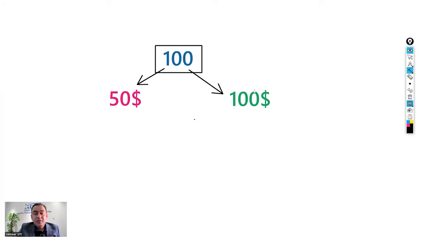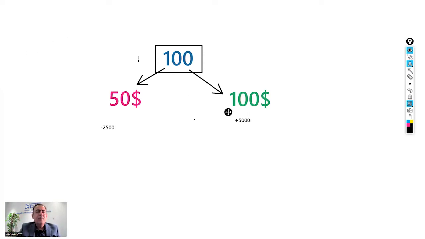But in 50 trades, I'll be making $100 because I'm maintaining my reward higher than my risk. So my profit would be 50 times 100, which is $5,000. So here it will be minus 2,500 and my profit will be plus 5,000. So the net total will be plus 2,500.